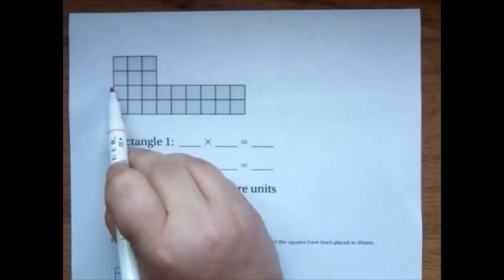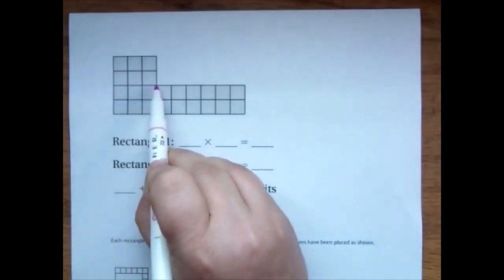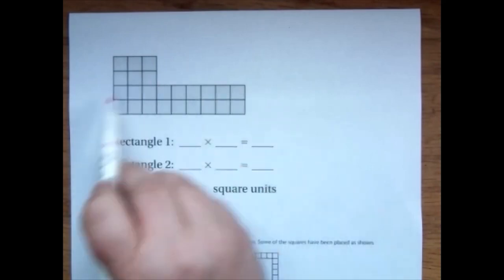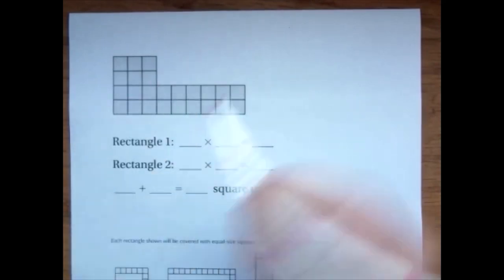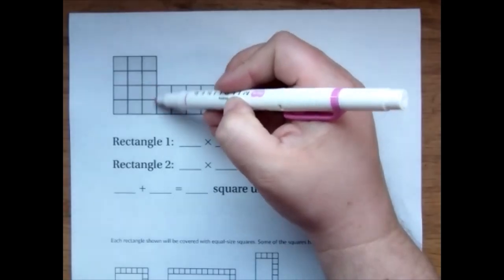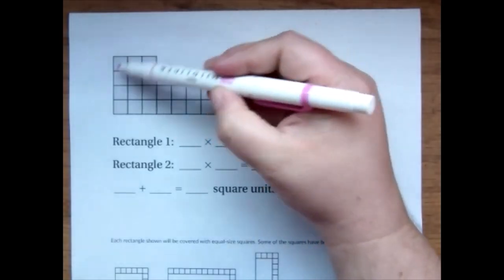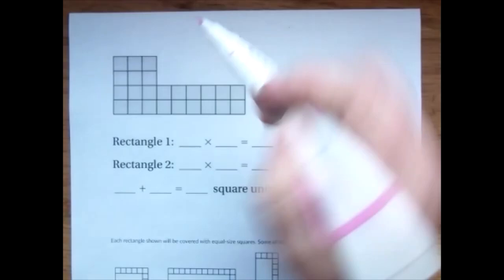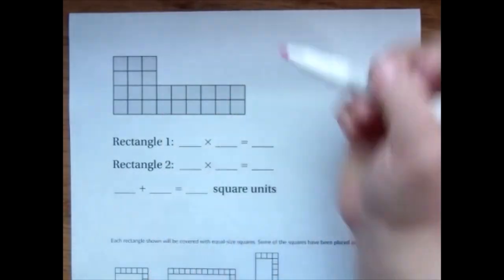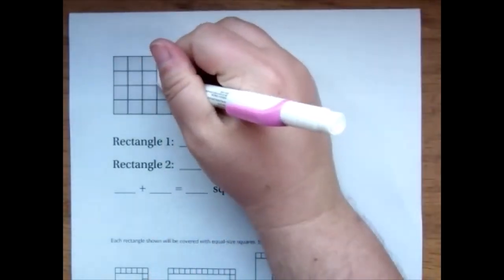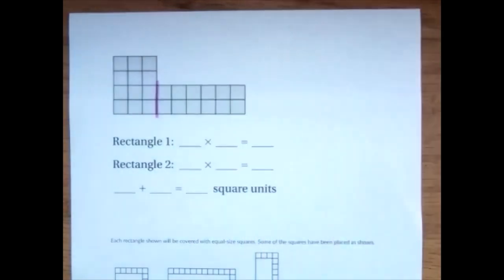Either I could draw a line right here and have this very small rectangle and this very long skinny rectangle, or I could draw a line right here and have this rectangle and then this rectangle. I'm going to draw my line right here, and that's going to differentiate where my 2 rectangles are.